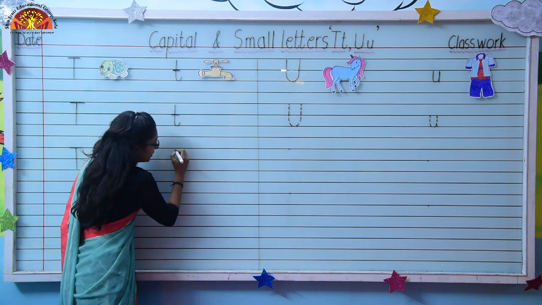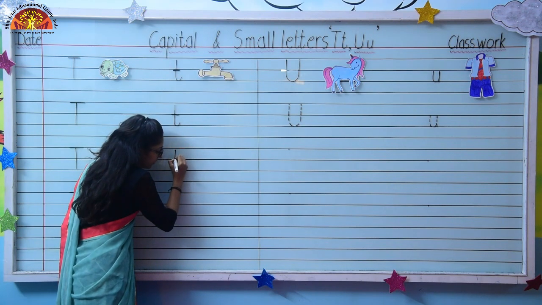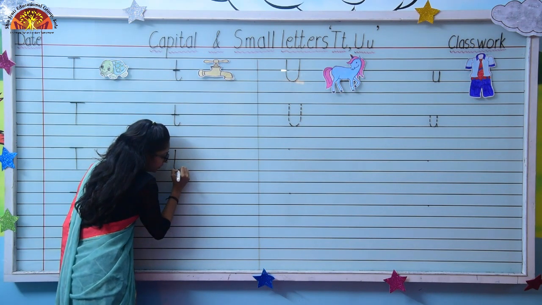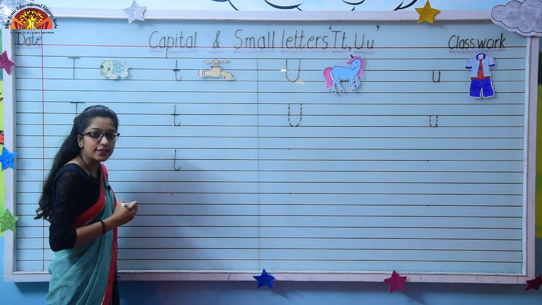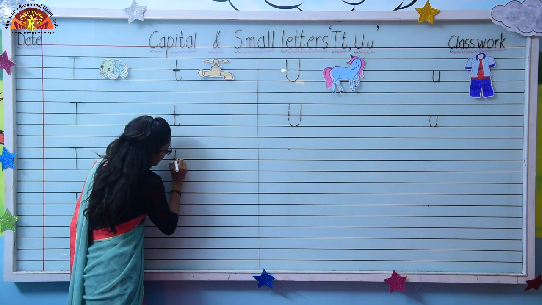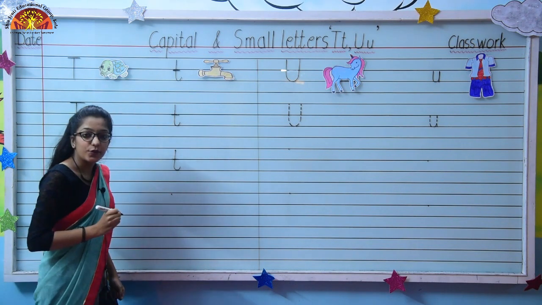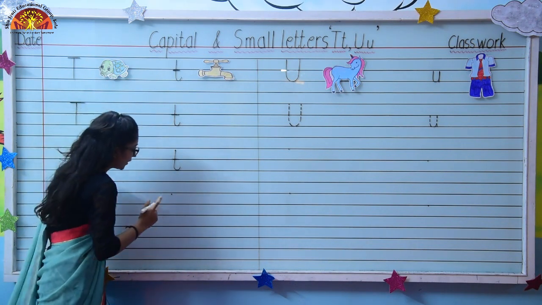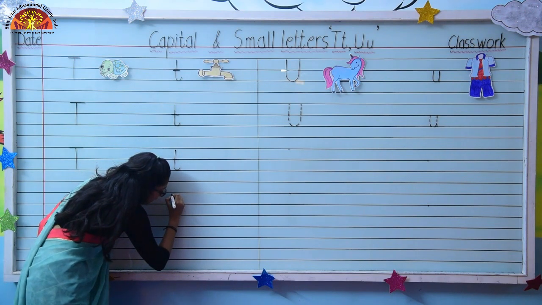You have to start from here. Draw a standing line. Turn like this. Then a small sleeping line on it here. One more time kids. Look here. Standing line.